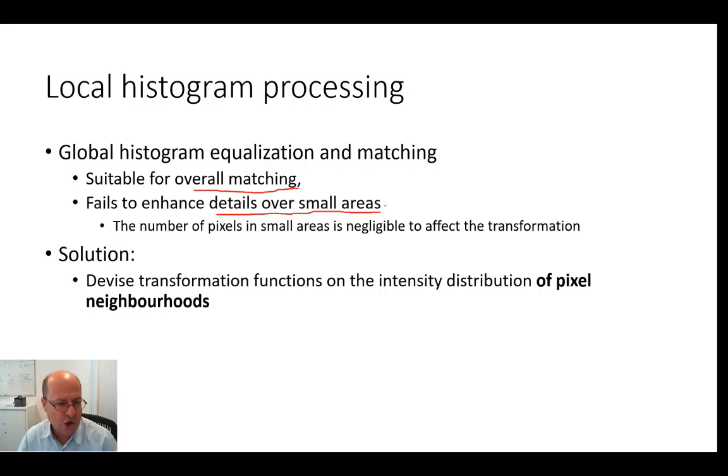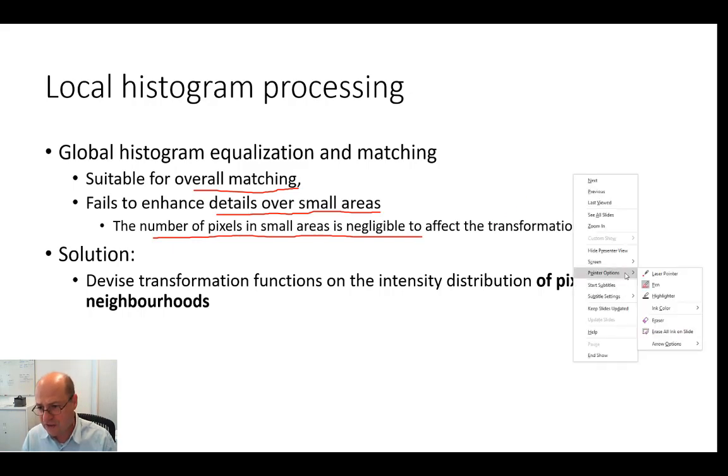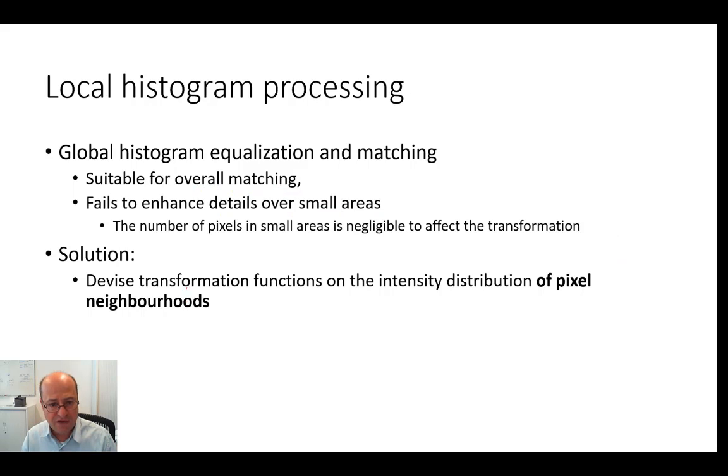This is obvious, right? If I'm applying the statistics over the entire image, you won't get the details of small areas, because the number of pixels in small areas is negligible. It won't affect the overall statistics. Whereas I can devise a transformation function on the intensity distribution of pixel neighborhoods.